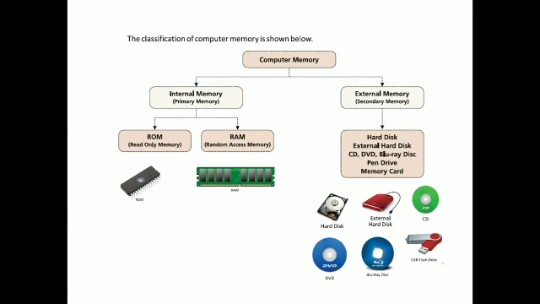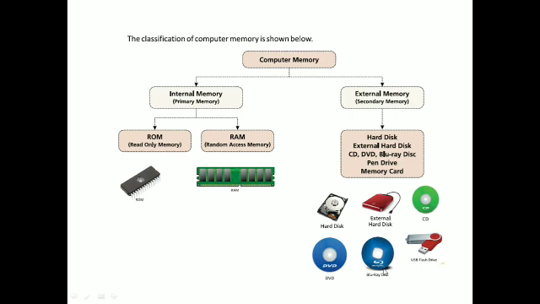Some DVDs can store up to 17 GB of data, double-sided, high density, like that. So many different types of DVDs are there. You can play CDs and DVDs in a DVD drive, and you can play CDs in a CD drive also.